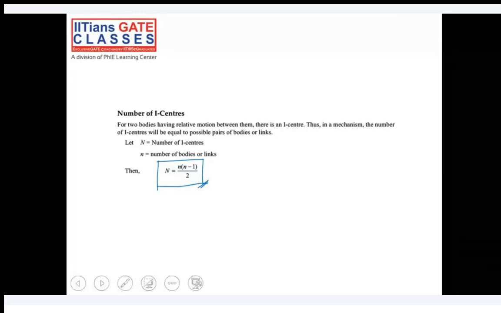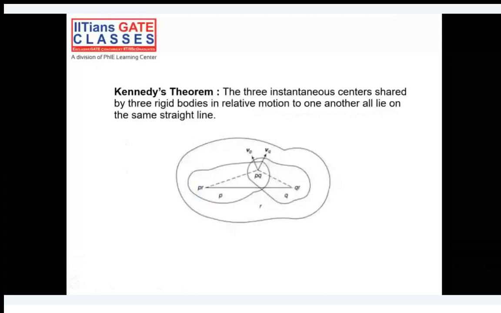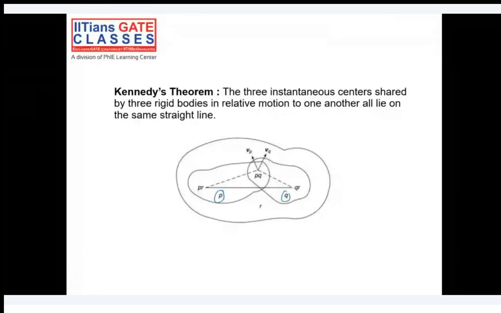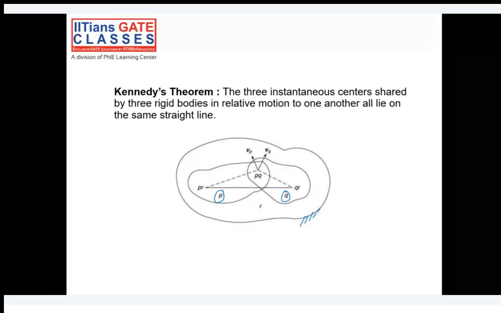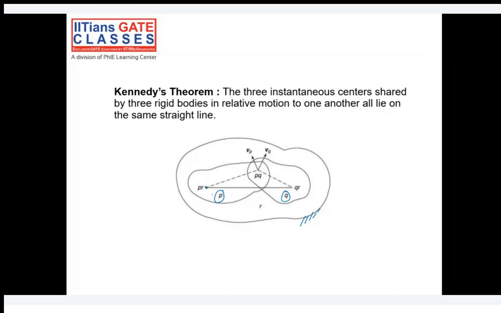Consider three bodies: body P, body Q, and body R. Let's say body R is fixed for an instant, and bodies P and Q are rotating about I centers PR and QR. With respect to R, PR is the I center for body P, and QR is the I center for body Q.